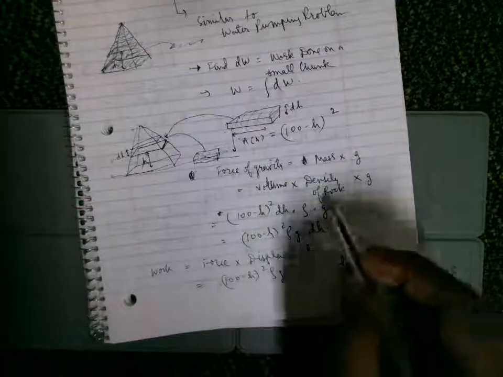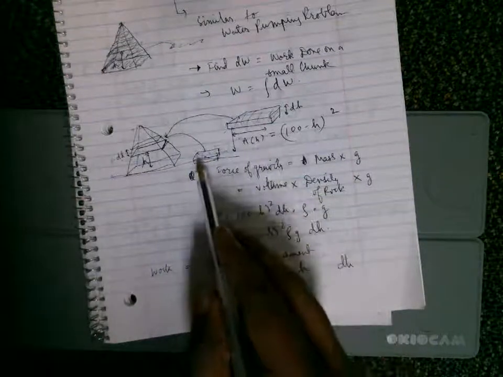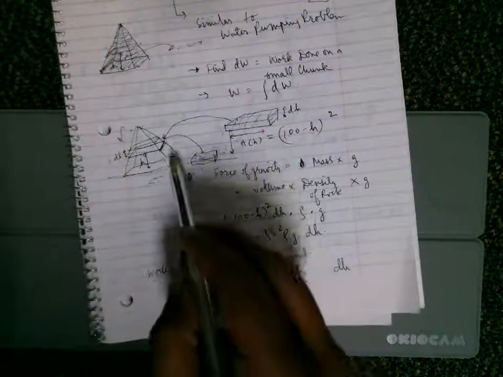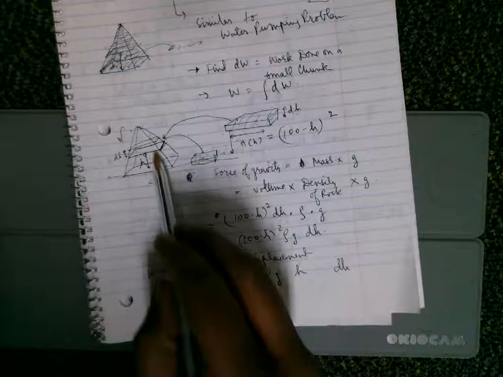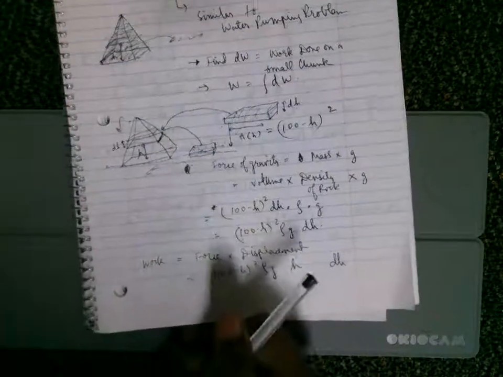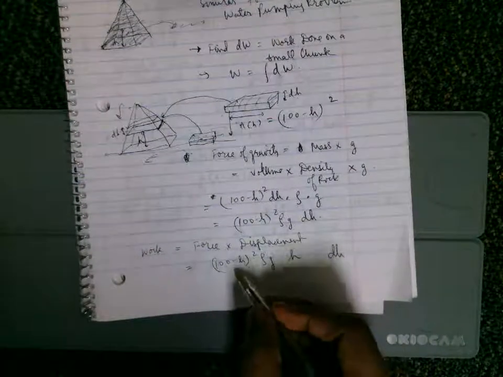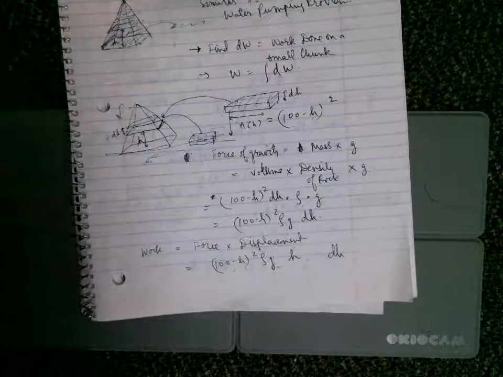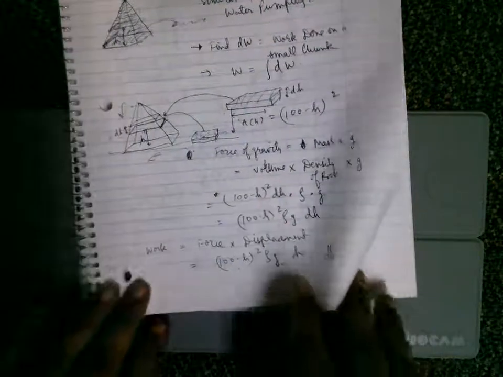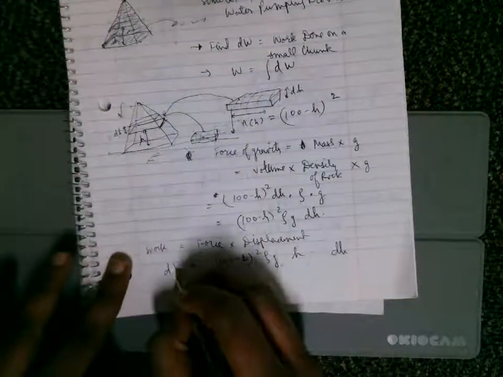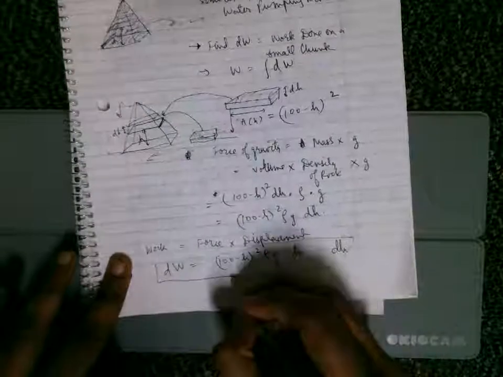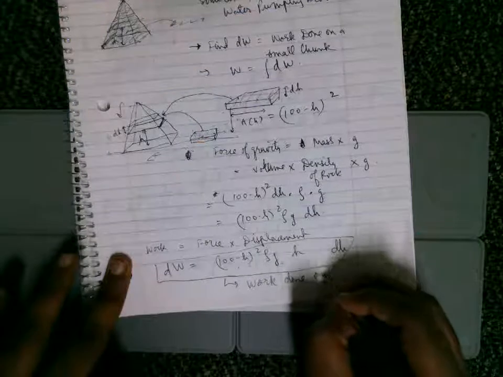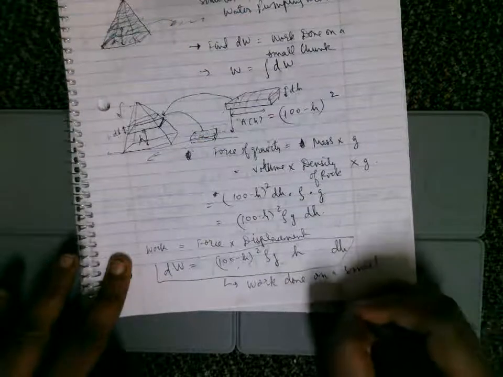Gravity is a conservative force, so it doesn't matter if you are moving it horizontally and then placing it on top. For gravity you just need to consider the vertical displacement. So this is (100 minus h) whole squared rho g h dh. This is dw, the work done on a small chunk.